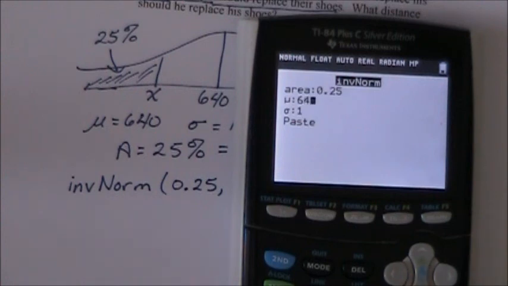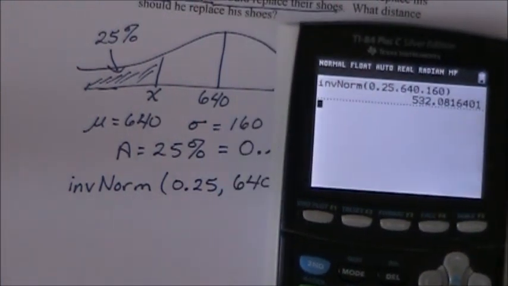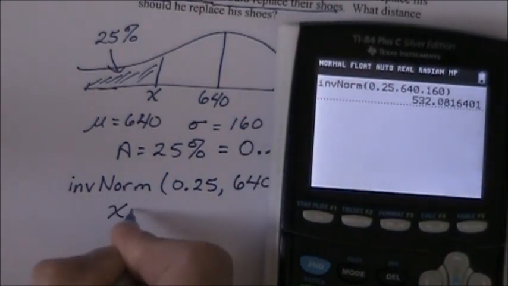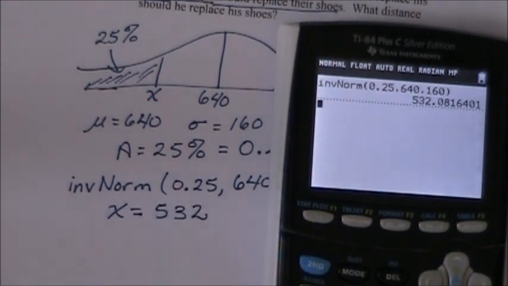Our mean is now 640, and our standard deviation is 160. We'll go down to paste, and on our calculator screen we're going to hit enter. So we're looking at an answer of 532.0816. So here we get x is equal to 532 kilometers.